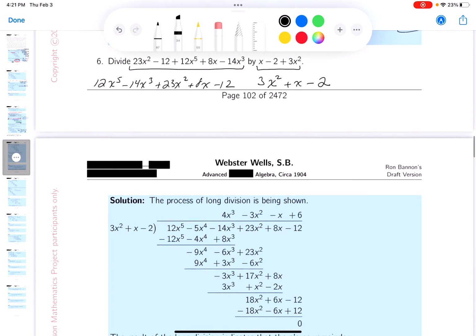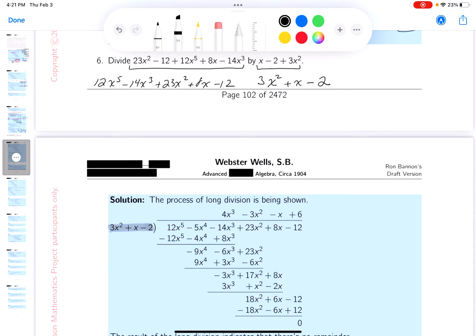So what am I saying? This 3x squared plus x minus 2, and this, proper order. 12x^5. Ooh, I made a mistake. Did I copy the wrong problem, or did I make a mistake altogether? I got the 3x squared plus x minus 2, 12x^5, minus 14x cubed.